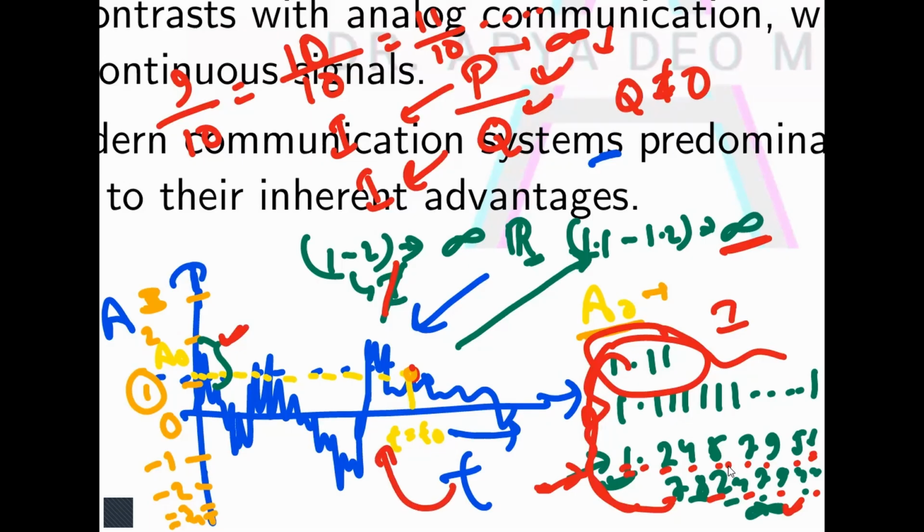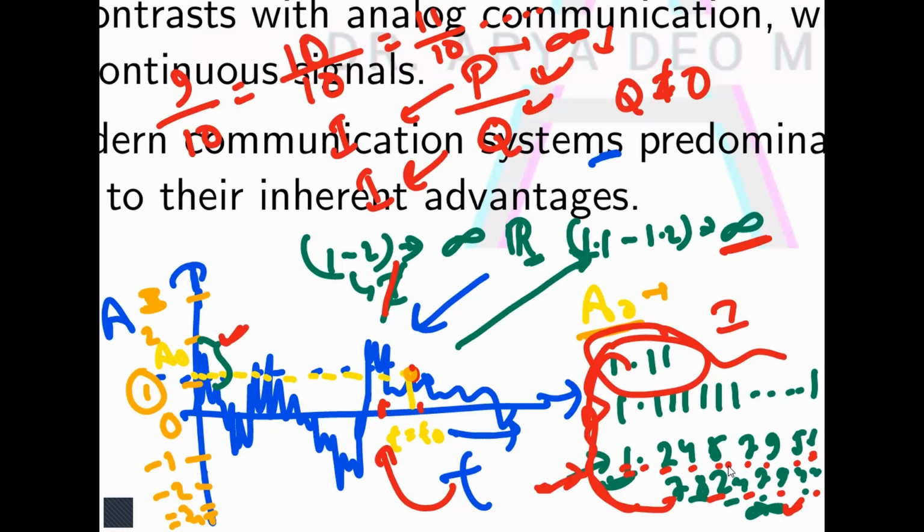And also in the time domain, since this is continuous, we cannot say what is the next instant after t naught. We cannot tell, it depends upon how small we are considering.